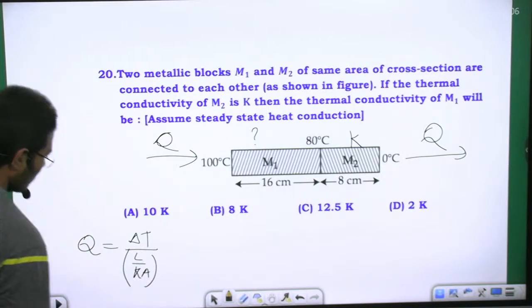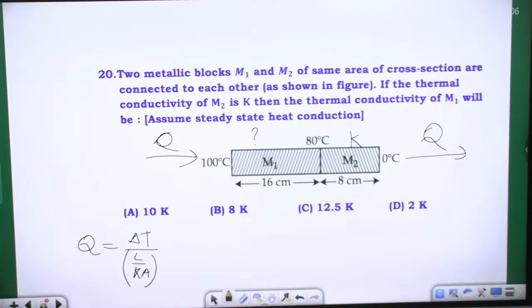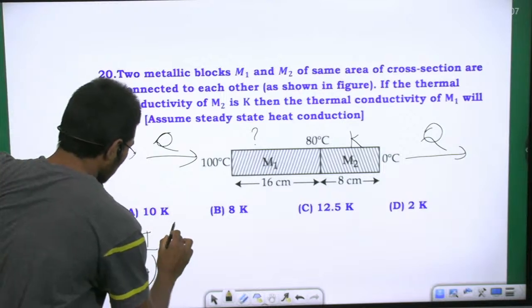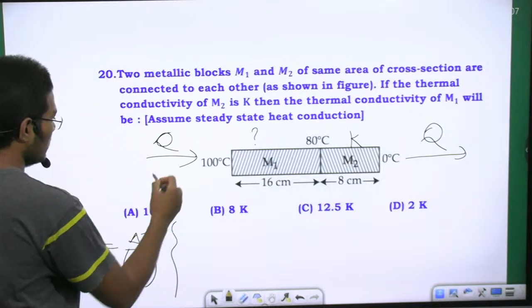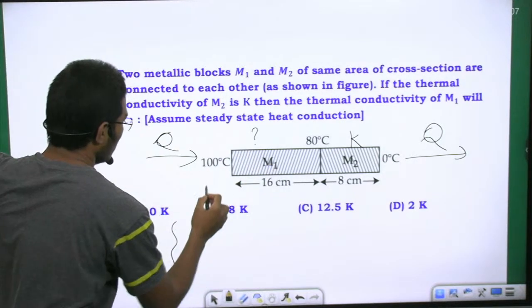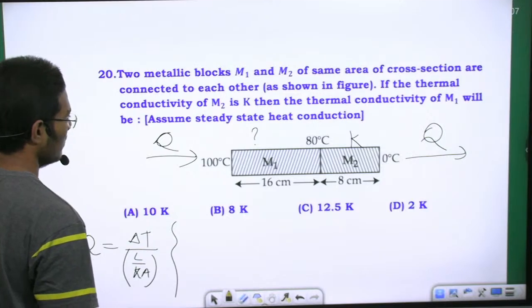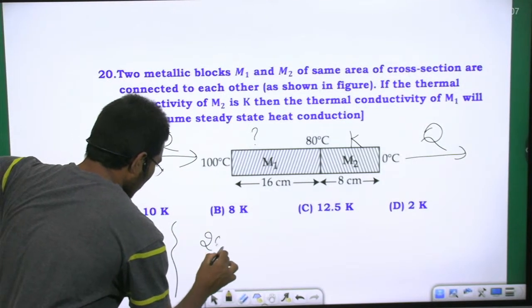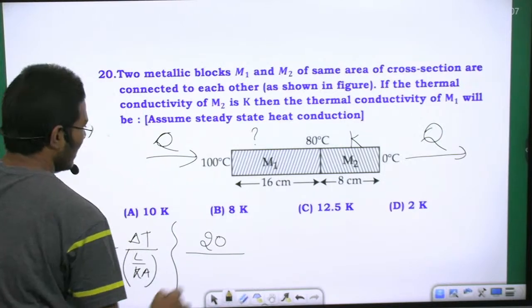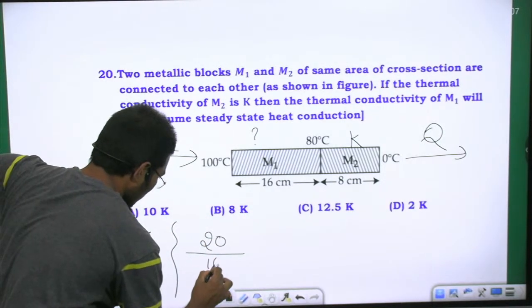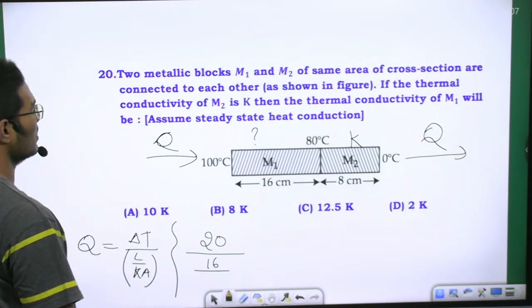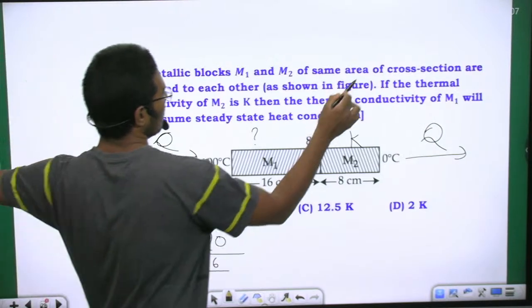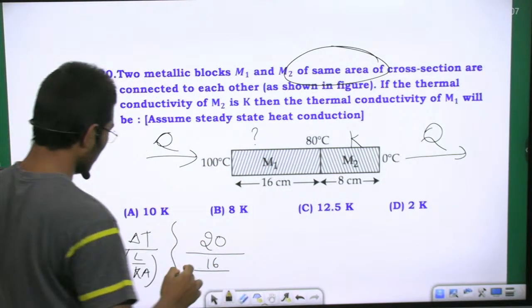Okay. Let us apply this equation to both sets. So Q is same throughout. Delta T 80 minus 100. Okay, you can take it either way. The negative symbol gets cancelled. Length 16, same area of cross section. So A gets cancelled.